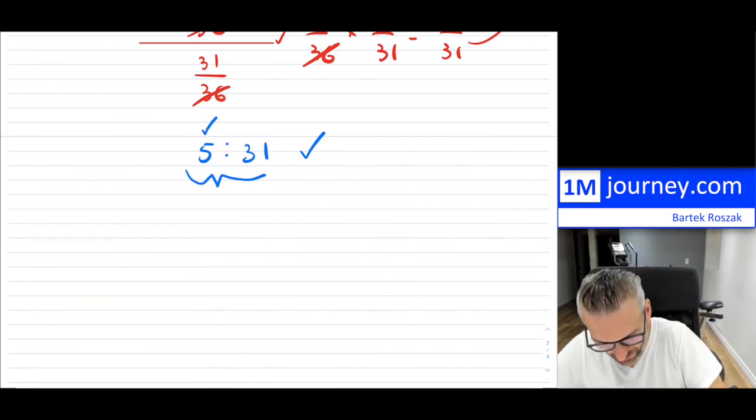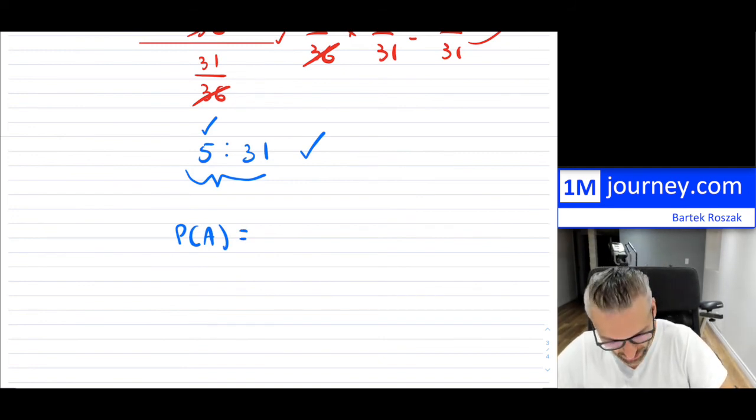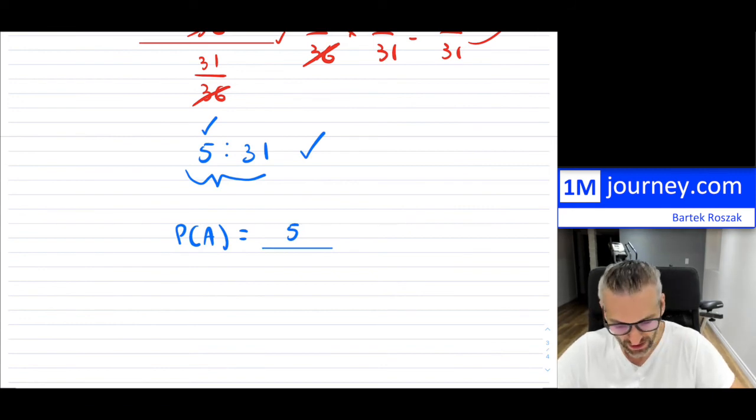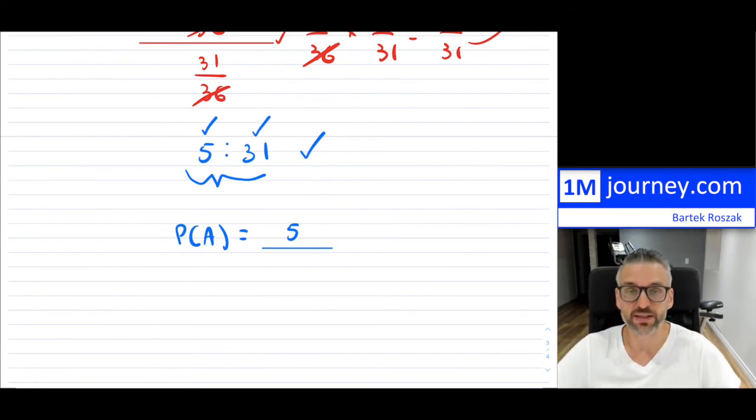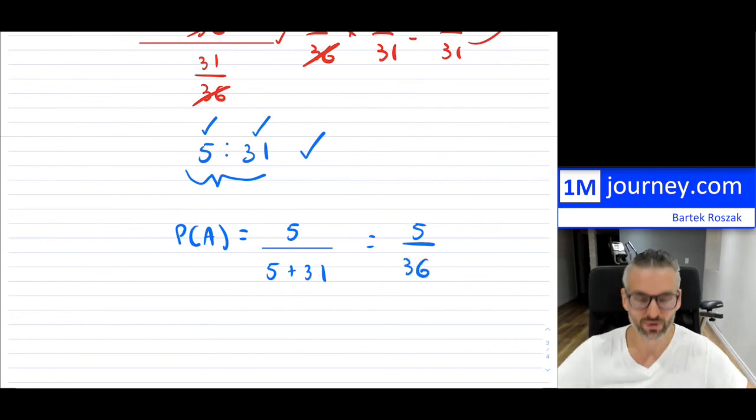So if you wanted to know the probability of A from the odds, this would have been 5 divided by, now this is the probability of not A, so you're going to have to say 5 plus 31, and this gives you back exactly what you have in terms of probabilities. So you can go back and forth between odds and probabilities.